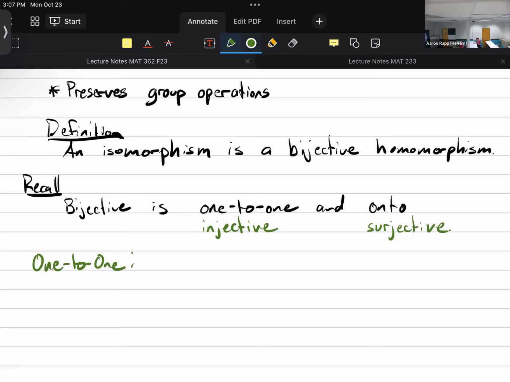How we define it is, for all x and y in whatever your domain is, this is just shorthand for mathematics, if your function outputs are the same, then your inputs must be the same. So that's what gives us each input has a unique output.